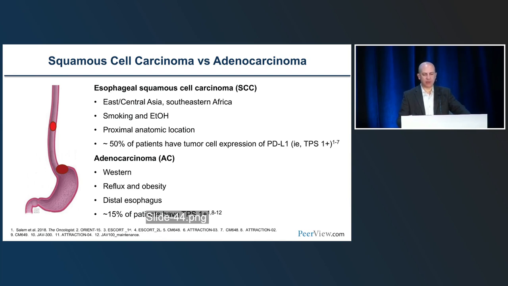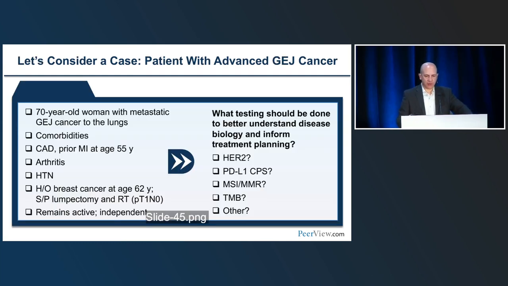About half of the patients have what we would consider positive expression of PD-L1, primarily on the cancer cell surface, whereas adenocarcinoma of the distal esophagus and what we would call the gastroesophageal junction is a very different disease epidemiologically, and also is associated with a much lower expression level of PD-L1, at least by immunohistochemistry. So here's our typical case.